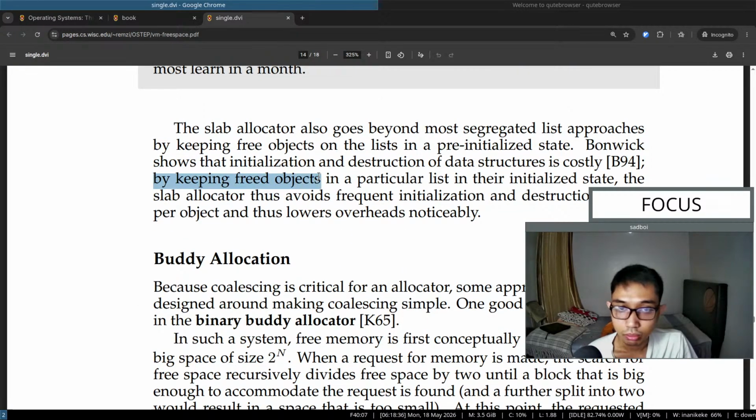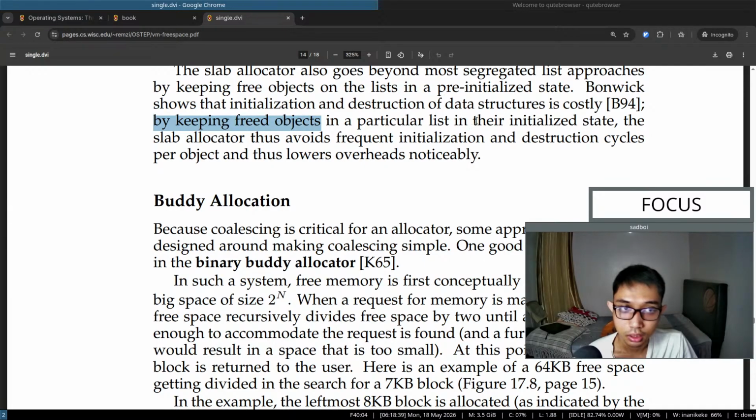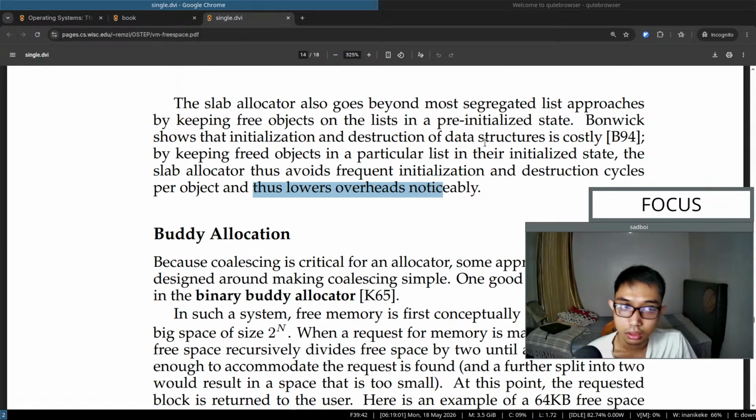By keeping free objects in a particular list in their initialized state, the slab allocator avoids frequent initialization and destruction cycles per object and thus lowers overhead noticeably. Okay, this is new for me, I guess, that initialization and destruction of data structures is costly.